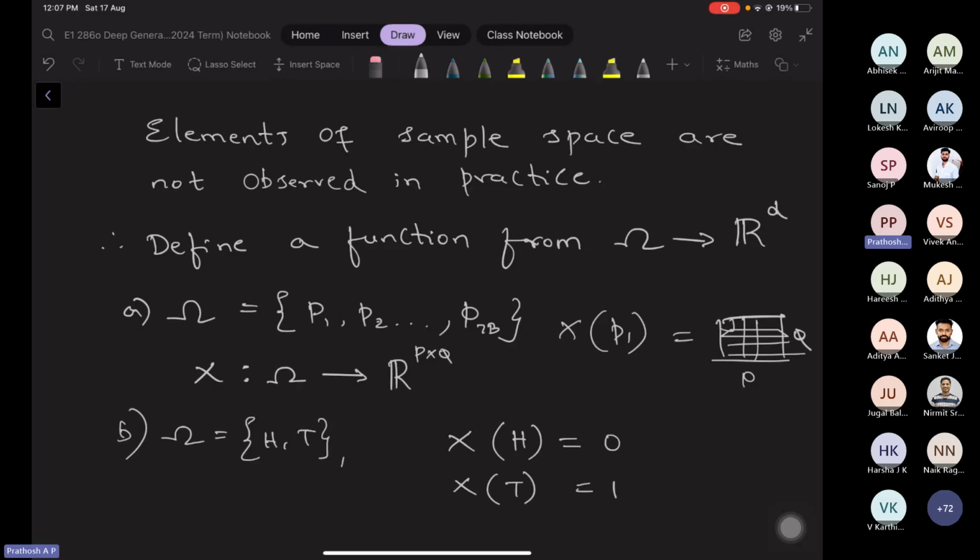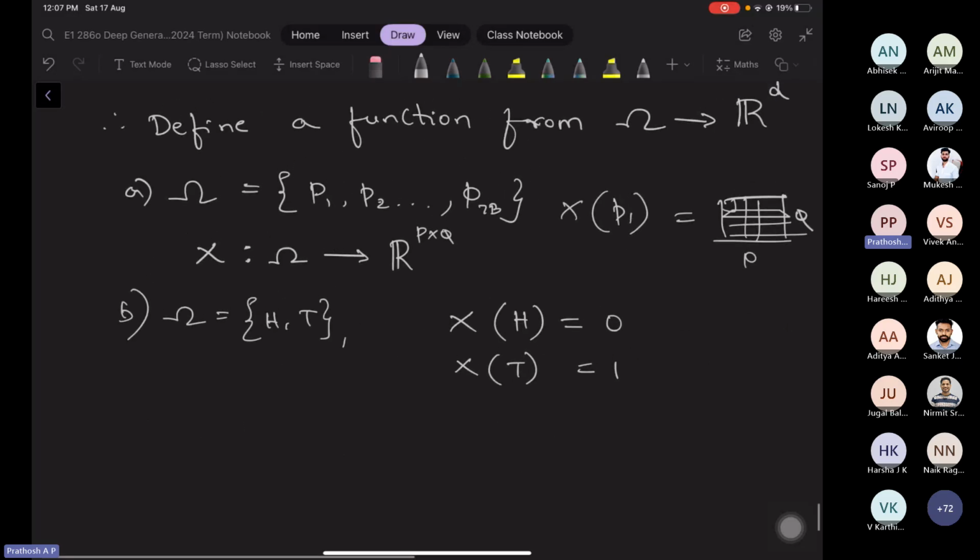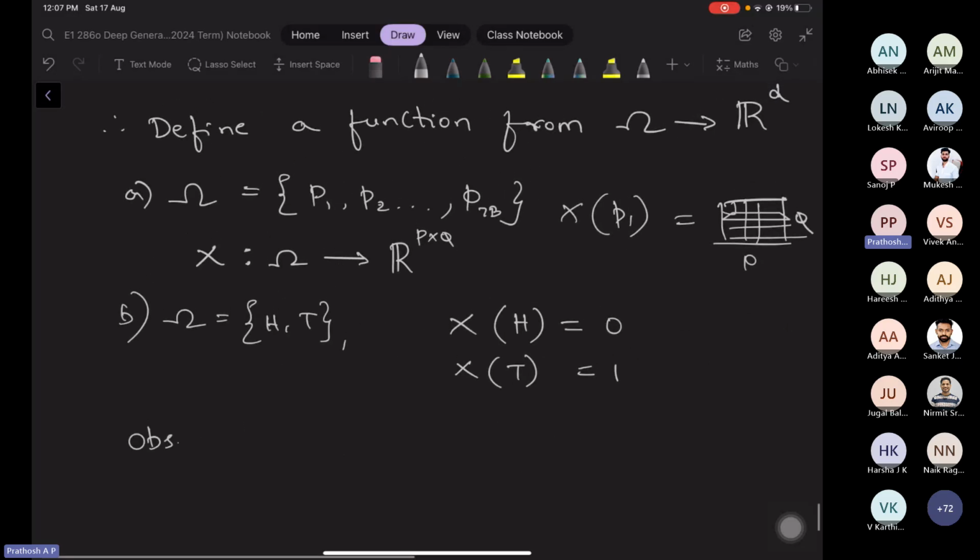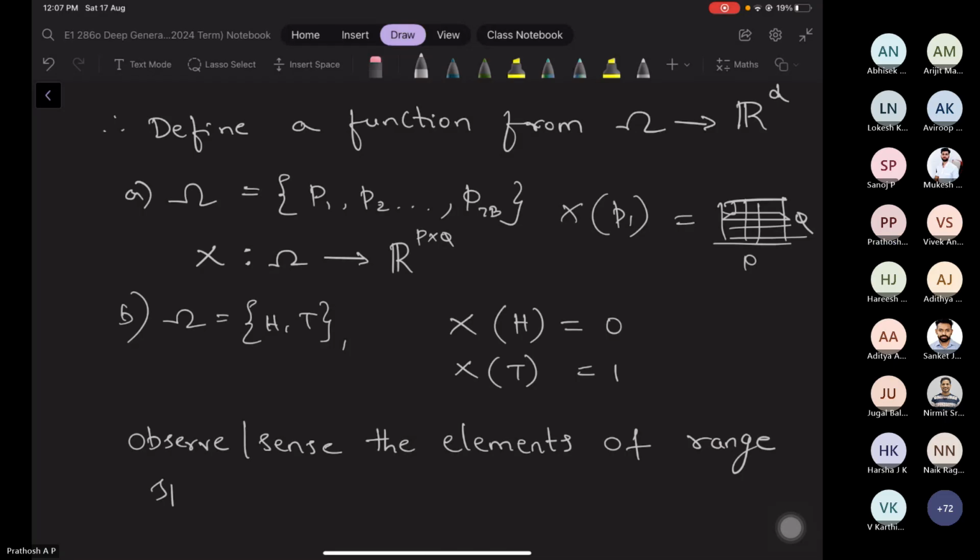We get to observe, or measure, or sense the elements of the range space of the function x that takes the elements of sample space and maps them to some d-dimensional real space. This is what we get to observe.